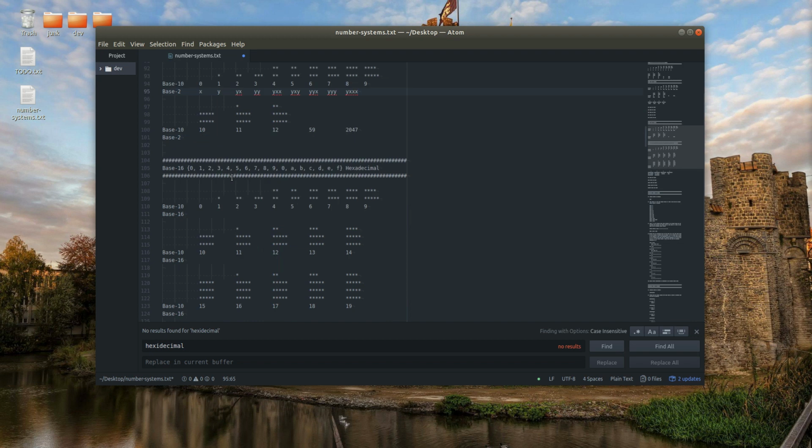Okay, so in base 16 we have more than 10 symbols. We have 0 through 9 and then 6 more, A, B, C, D, E, and F. Base 16 is called hexadecimal.